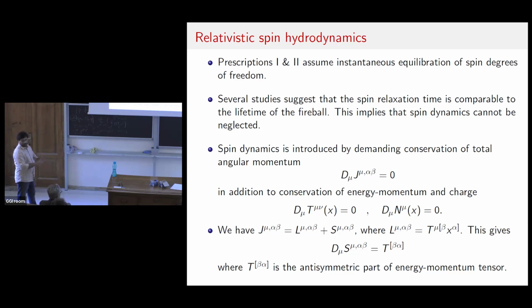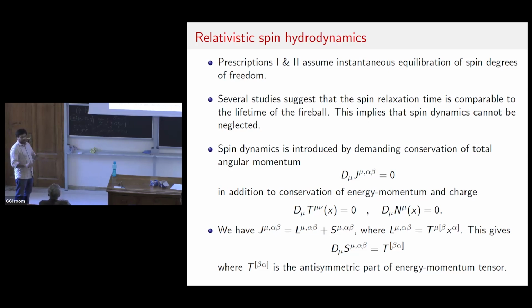So there is this fundamental problem, and there is no general consensus on how to choose the physically relevant pseudo gauge. But as far as I understand, which may be wrong, if one adopts a microscopic approach such as kinetic theory, and derives spin hydrodynamics from kinetic theory, then one can work in any pseudo gauge.